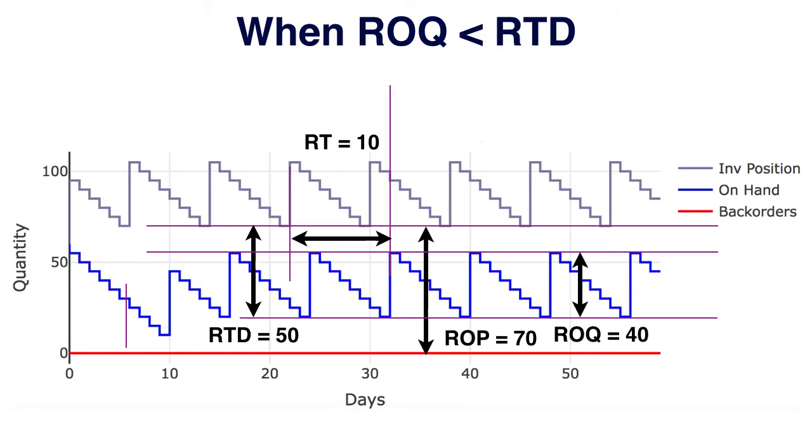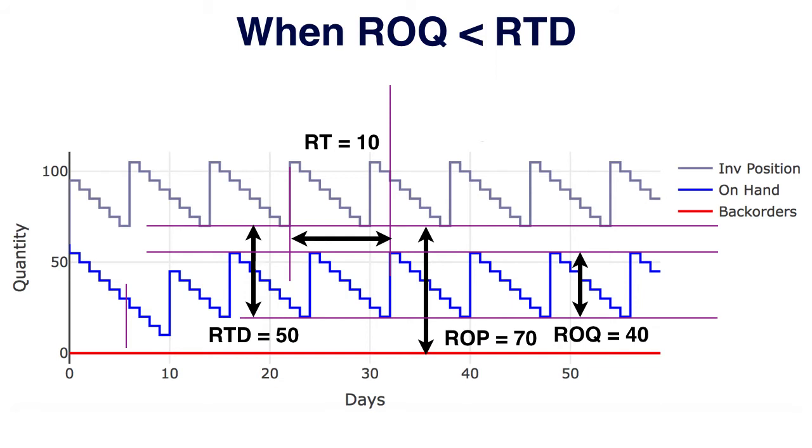When you try to reduce your reorder quantity too much, then you will move behind by one cycle: you place an order in this cycle, then the replenishment for this cycle must come from an order placed in the previous cycle, and then the order placed in this cycle will be replenished in the next cycle.